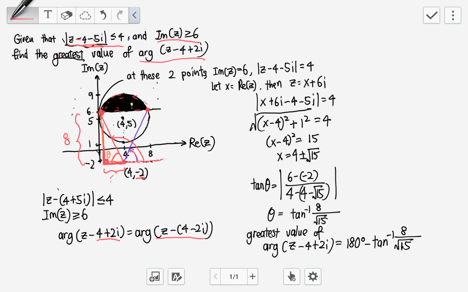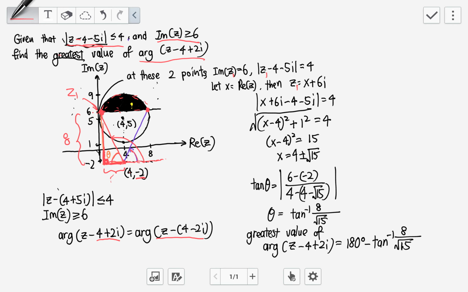Then how to find it? Given that the imaginary part of z is greater than or equal to 6, at this point the imaginary part of z is exactly equal to 6. Let's call this point z1 for convenience sake, to distinguish it from the z in the question. Then the modulus of z1 minus 4 minus 5i equals 4 at this point, because it rests on the circumference of the circle.